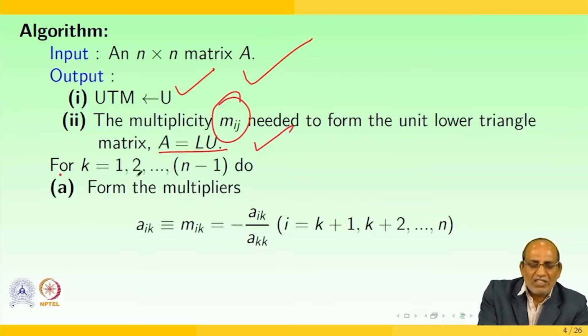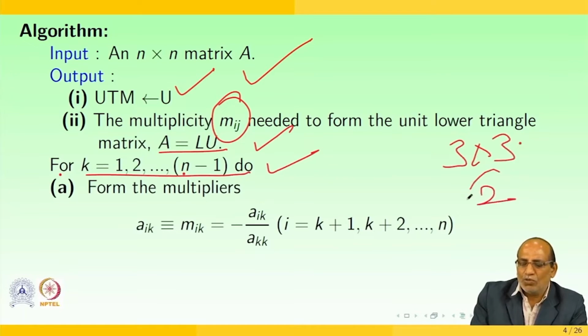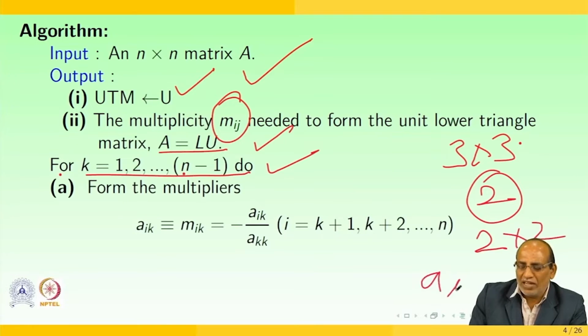Now, for k = 1, 2, etc., n minus 1. That means if the matrix is 3 by 3, you should go up to 2. If the matrix is 2 by 2, then as I spoke earlier, A11 should be nonzero.